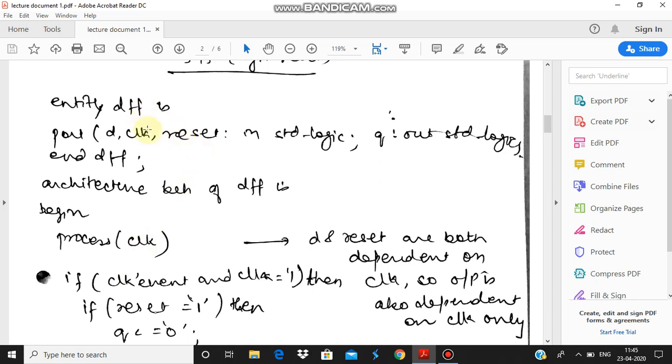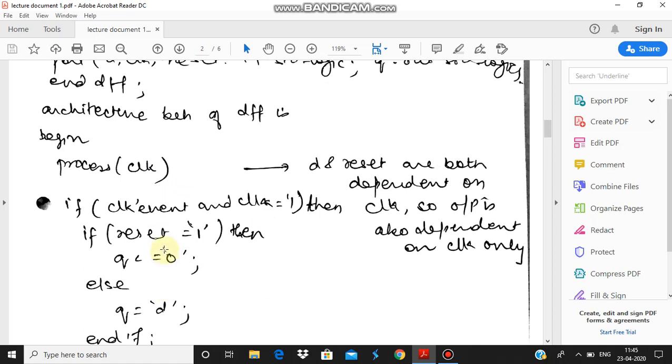So again, the entity remains the same, but what happens in the architecture? Inside the process, only the clock goes in the sensitivity list, because the output is now dependent only on the clock, right? So what is the first condition we are again applying? If clock'event and clock is 1, meaning the clock is high and the clock is going from 0 to high.